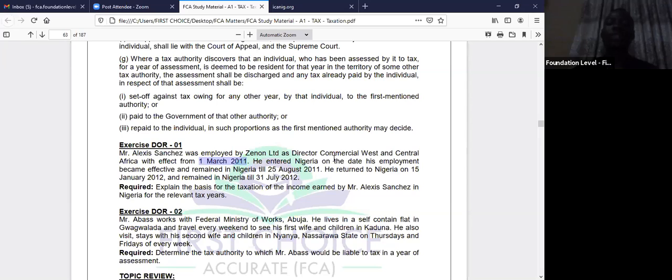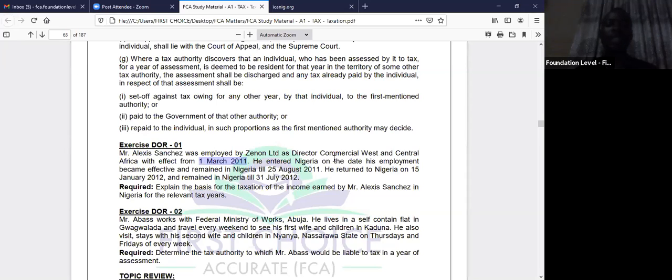He also visits, stays with his second wife and children in Nyanya, Nasarawa State, on Thursdays and Fridays of every week. Determine the tax authority to which Mr. Abbas will be liable to tax in the year of assessment.